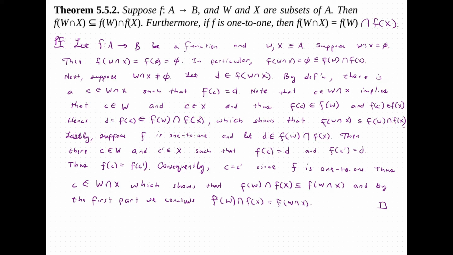And so this was the situation when we were looking at the image. What if we were to consider the same question, but in the context of the inverse image? And so that's the context of the next question, which is also part of exercise 2 in 5.5.